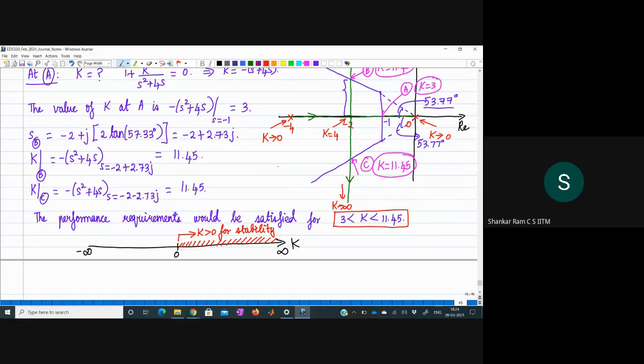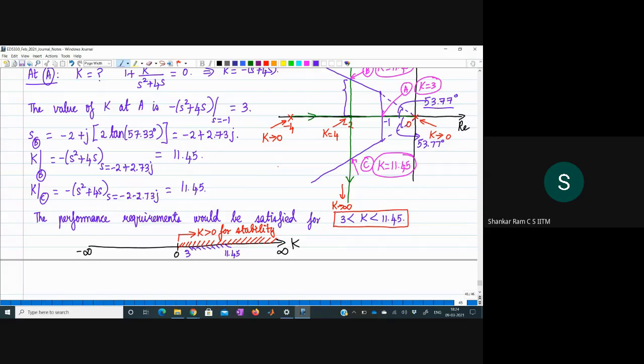But still, that is a big region, is it not? Then what did we do? We looked at the performance metrics and said, look, we will identify a further subset in this set for performance.